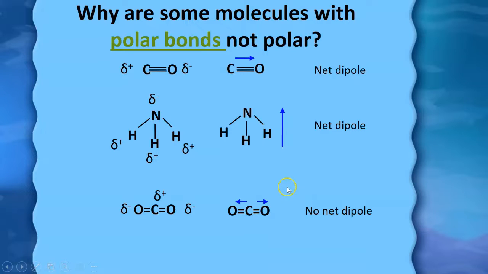So we have to look for polar bonds, bonds between different atoms that are not C and H, but we also have to look at the overall molecular shape. If a molecule is symmetrical, then those net dipoles end up with no net dipole because the individual dipoles cancel each other out. It's like playing tug of war with two people of exactly the same strength. In the end, you don't get anywhere.